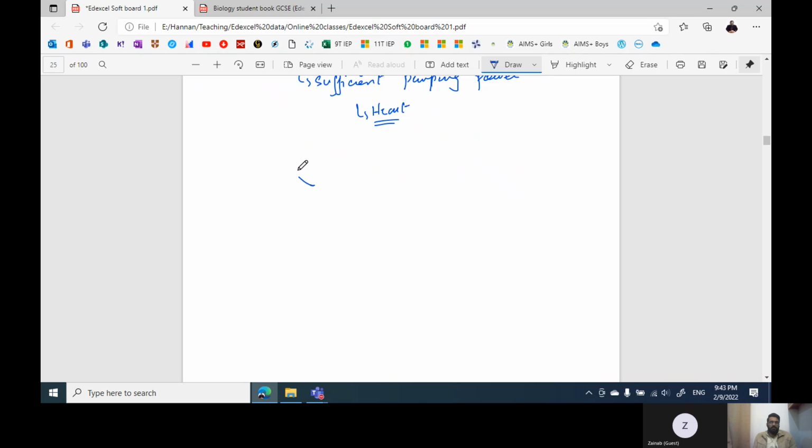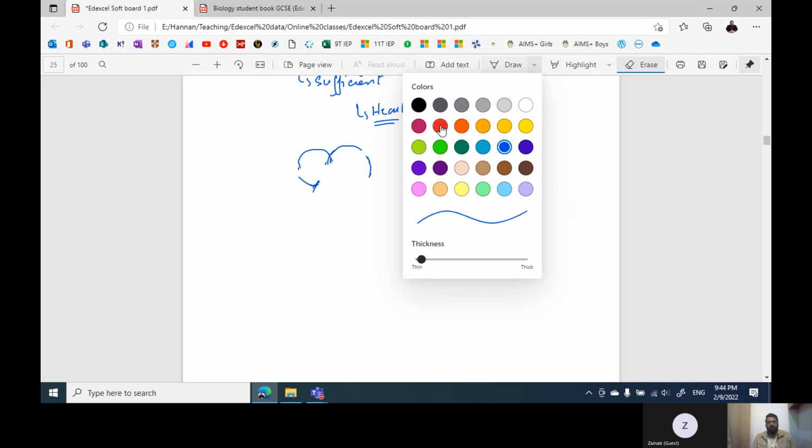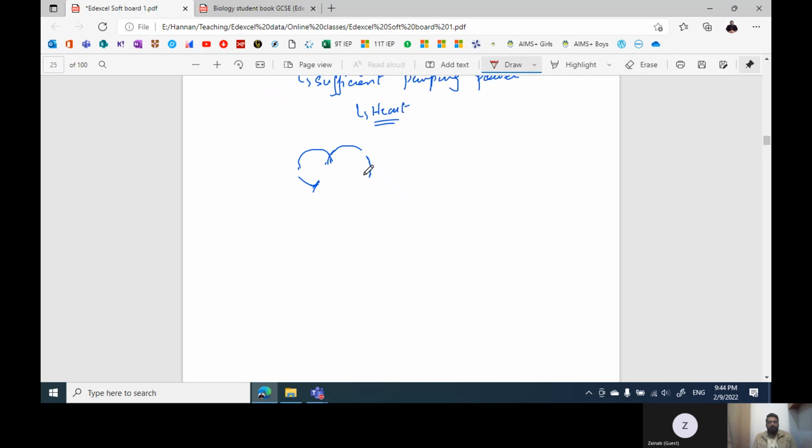So let me first draw the structure. Sorry, I have to change the color of the compartments here.